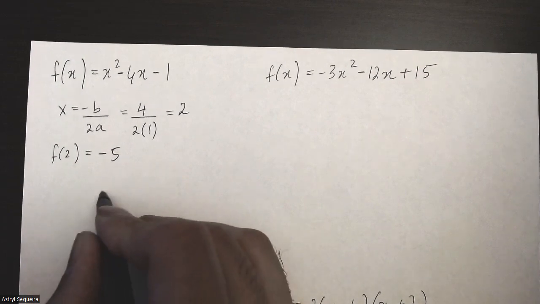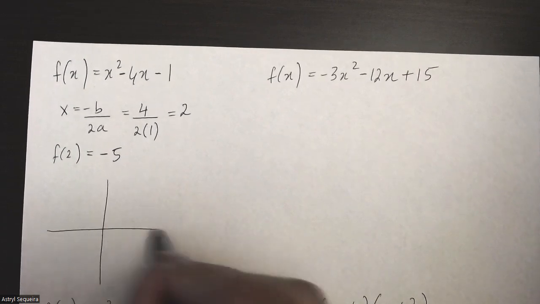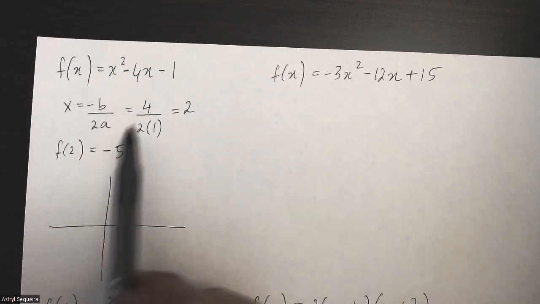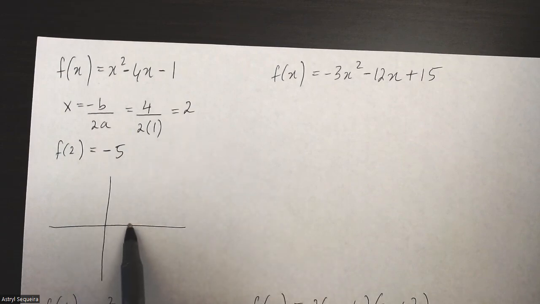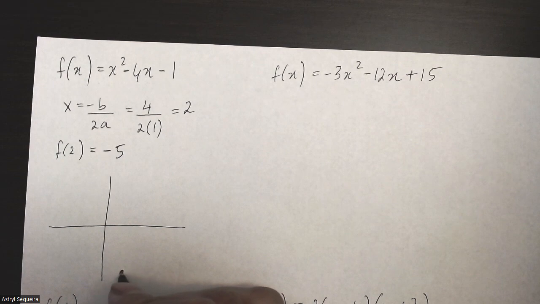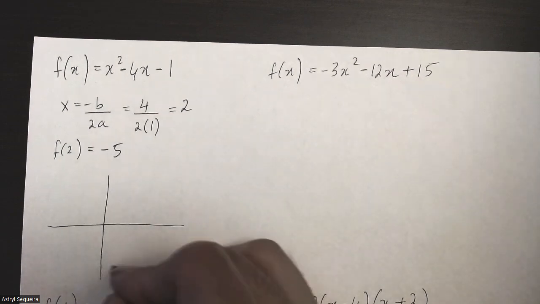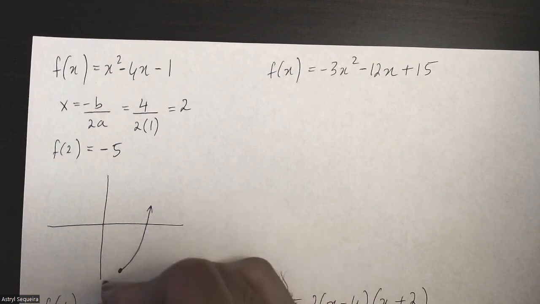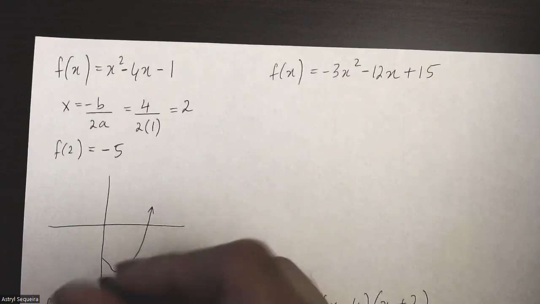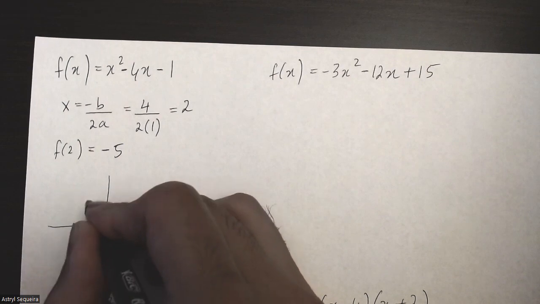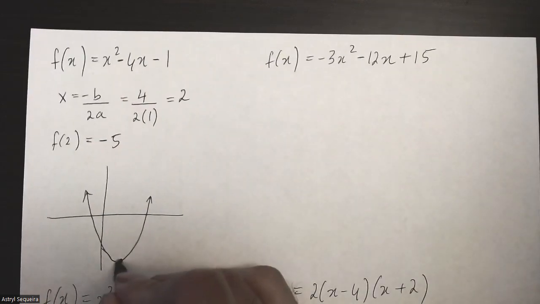So now I'll do a quick sketch of this situation over here. X value is 2, y value is -5, so that's approximately here. It's a positive quadratic function, which means it opens upwards. So x and y-intercept are not really important.